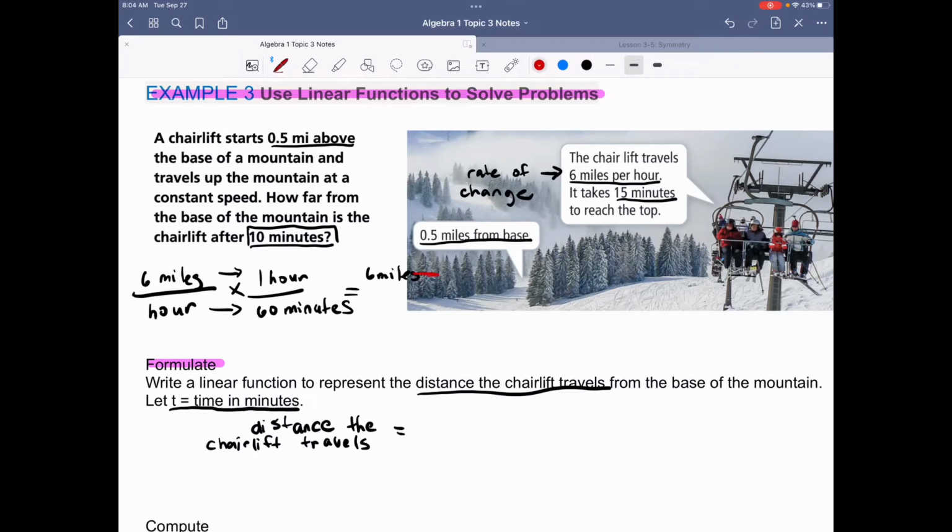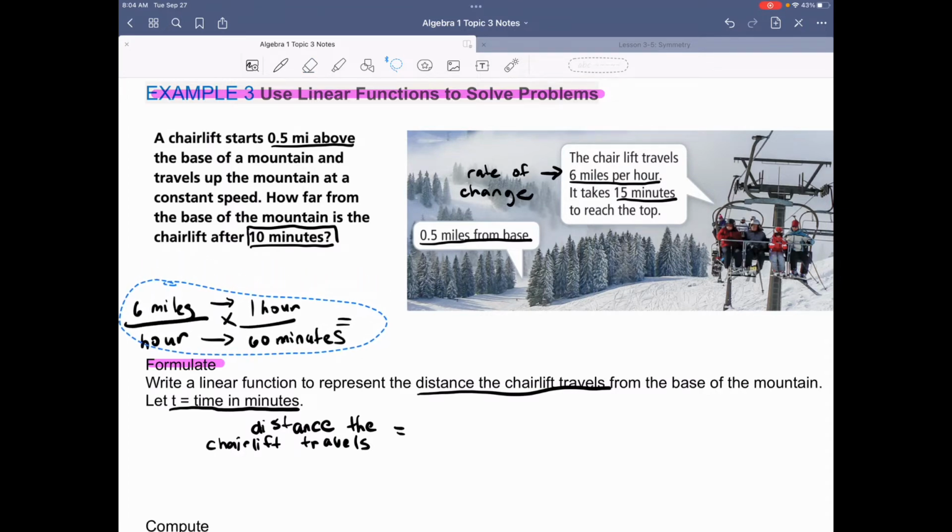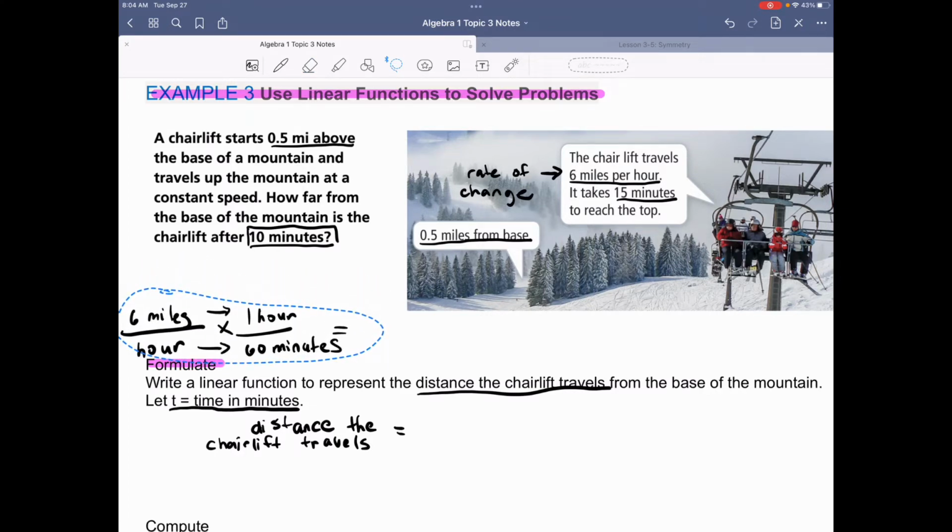Let me just move that down so that you guys can see it without having to go over the picture. 6 miles times 1 hour, and then an hour times 60 minutes is 60 minutes in an hour.